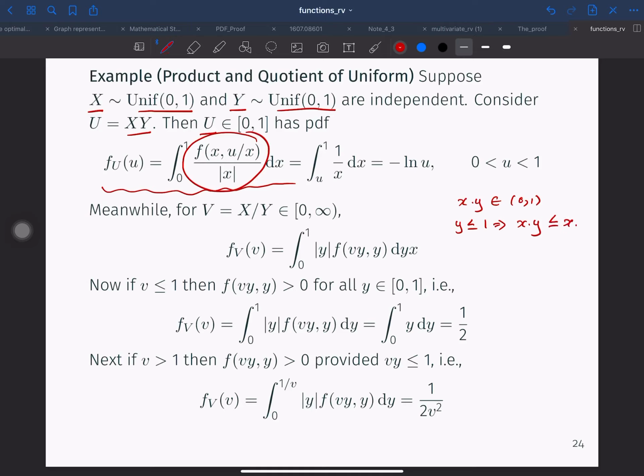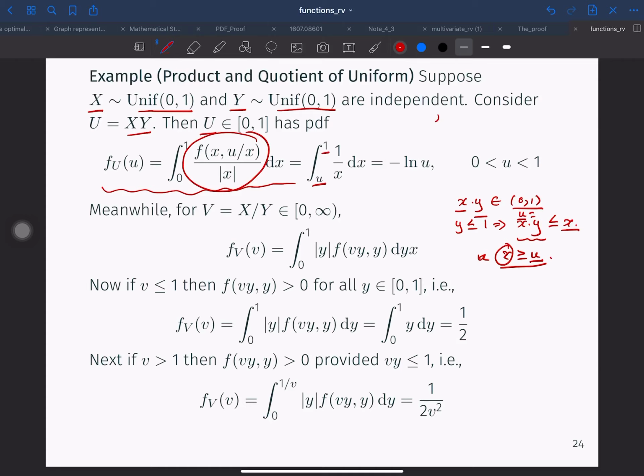So let's recap that. If we define u to be x times y, then u is at most x. Therefore x has to be bigger than or equal to u. So the limit of integration has to start from u up to 1.